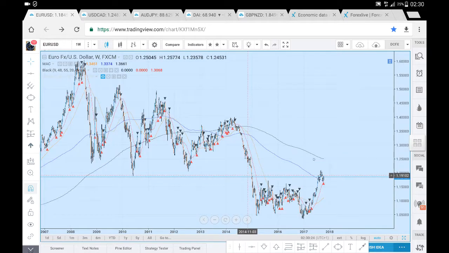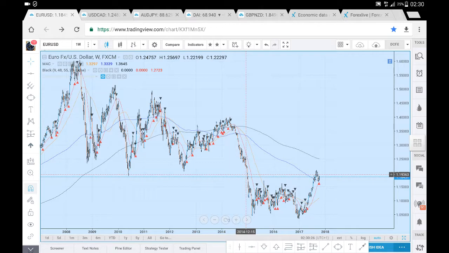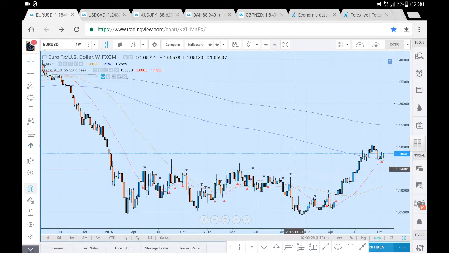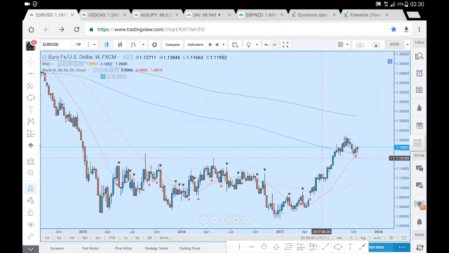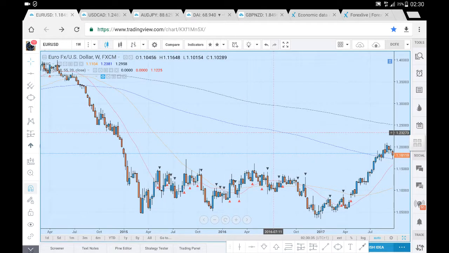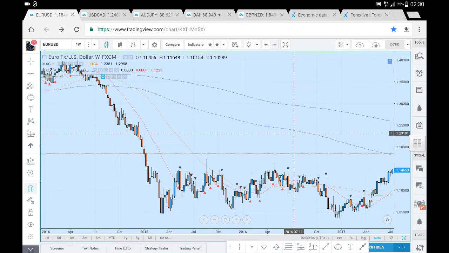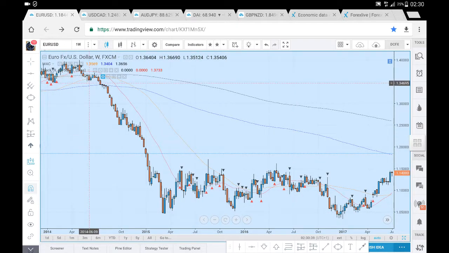We don't expect the signal to hold until prices get up to the 125 level. But then again, we can see over here from 2016 where we did get a signal.